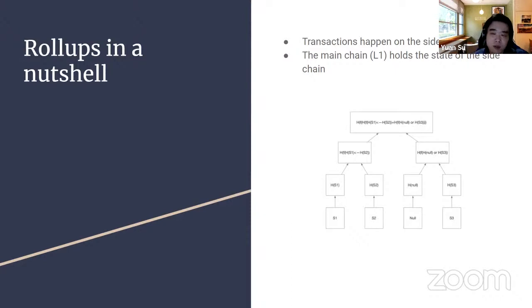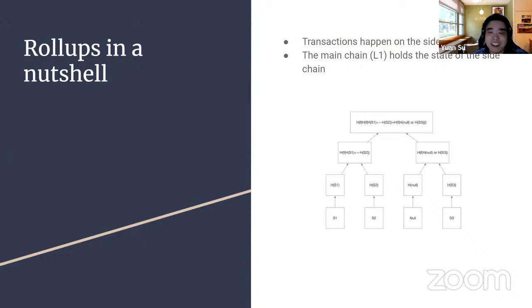We can compute a state root using Merkle tree combination to have that state root be representative of all the states resulting from a batch of transactions. And all we need to do for rollups is to save that state in the mainnet. That's the only operation they need to do.